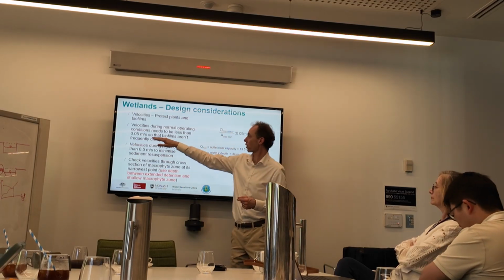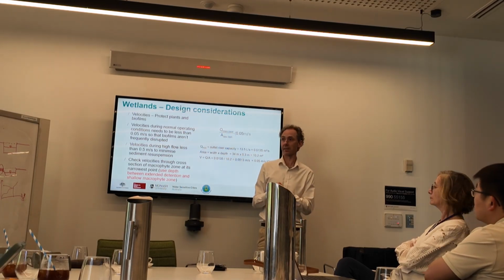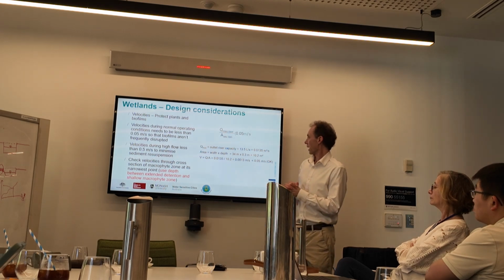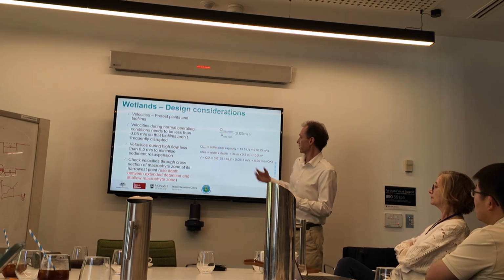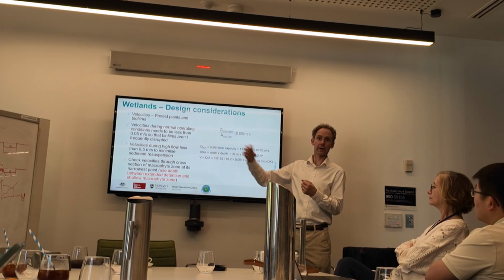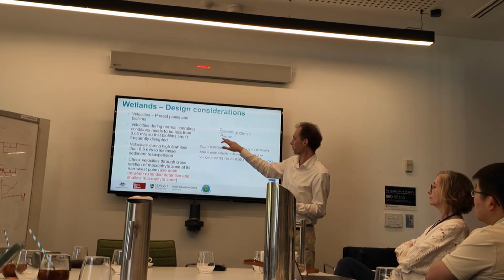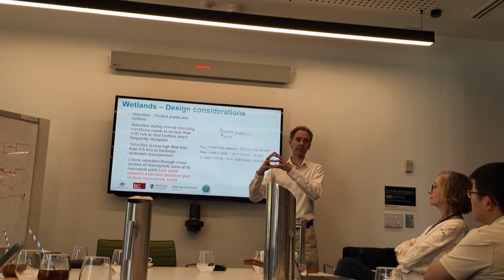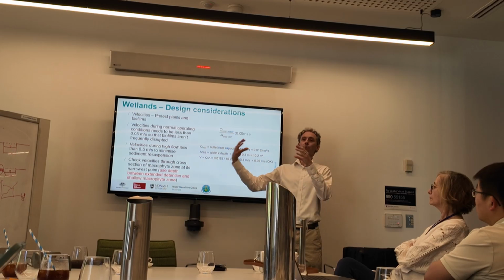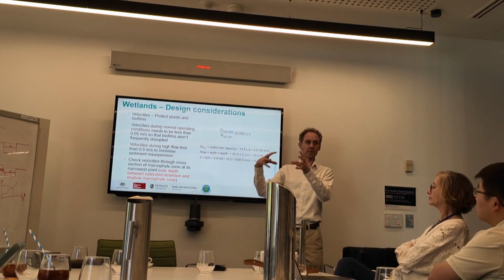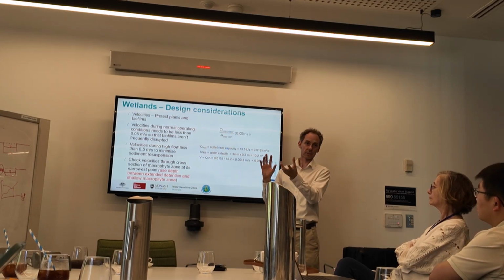So you've got to design so that your velocities aren't exceeding that. And as a simple check of velocity, you can just look at your flow rate through your outlet and then compare that with your cross-sectional area through essentially the smallest cross-section through your wetland as you're passing through it and say, is the velocity less than this?